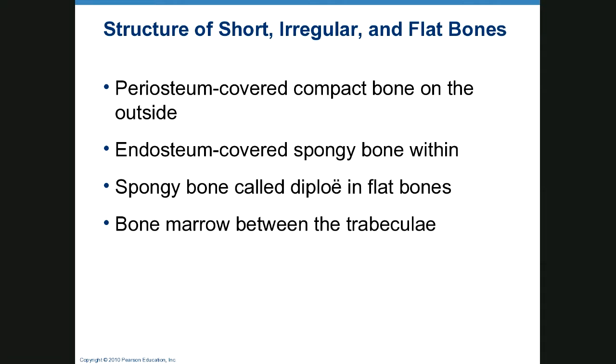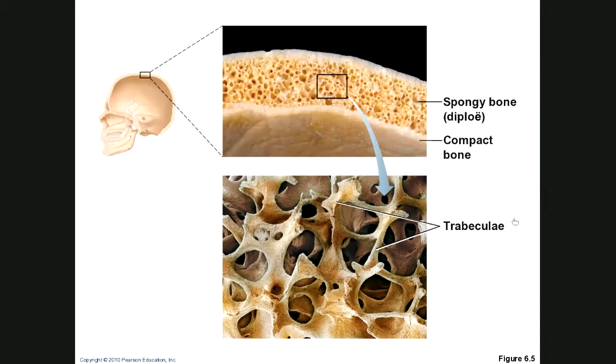Now, when you look at the skull, here is compact bone, and here is the spongy bone, the diploë. See all the trabeculae, these are the honeycombs, and you're going to have marrow in between. It does not look nearly as solid, but it's very strong.